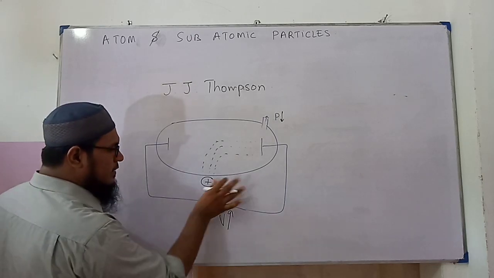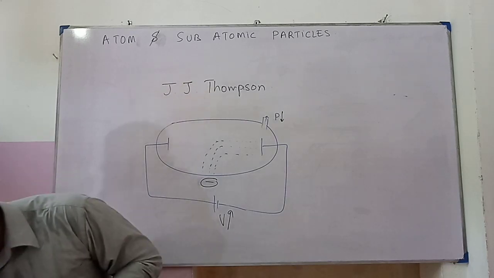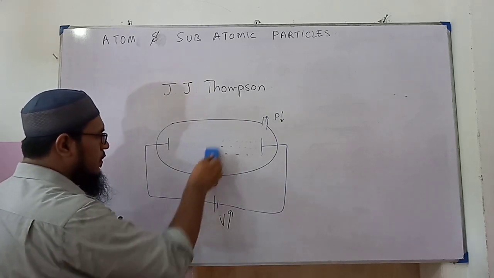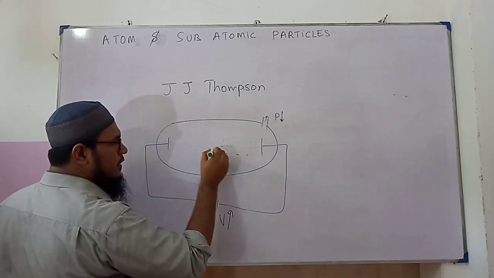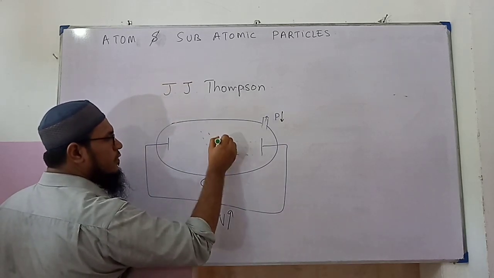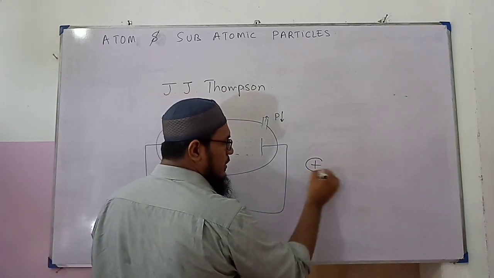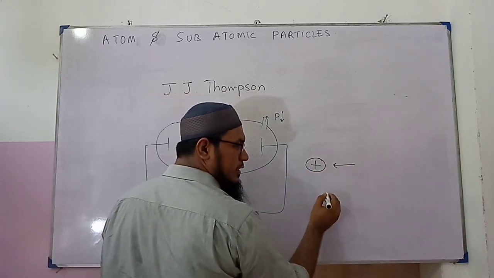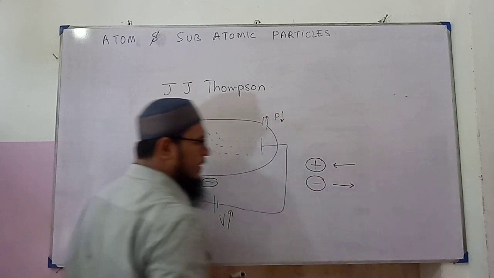When he changed the charge, when he kept a negative charge, what happened? These particles got repelled. When the positive charge was there, it got attracted. When the negative charge was there, it got repelled.